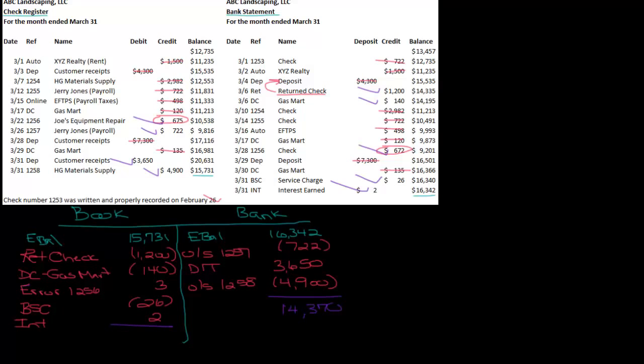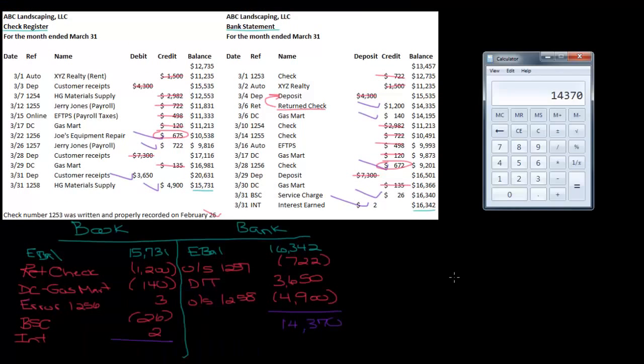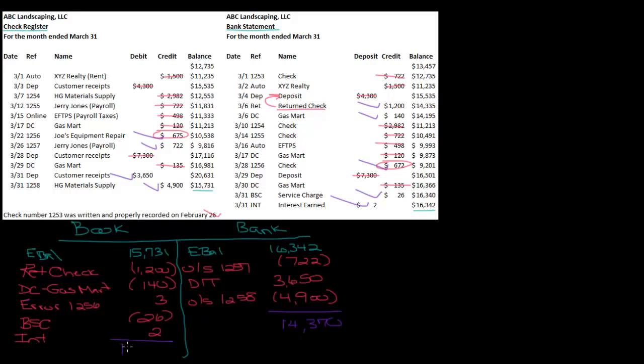Okay, so now I have to make sure that my book balance matches my bank balance. So draw a line. Let me get my calculator back. Okay. So I've got 15,731 minus 1,200 minus 140 plus $3 for the bank error minus $26 for the bank service charge plus $2 for the interest, and my balance comes out to 14,370.